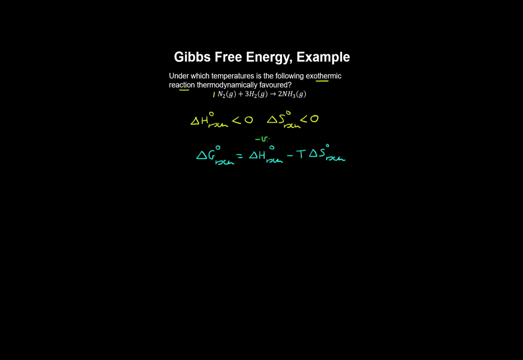And given that these values are both negative, then what we get is negative minus a negative value, which will give us a negative value plus a positive value. And therefore, for the free energy change to remain less than 0, then this temperature must be low. So the reaction is thermodynamically favoured under low temperatures.